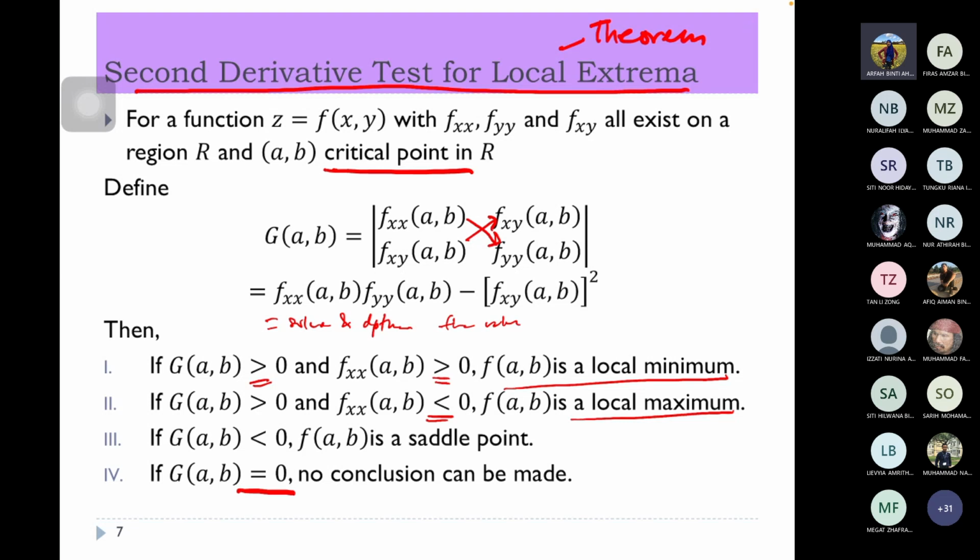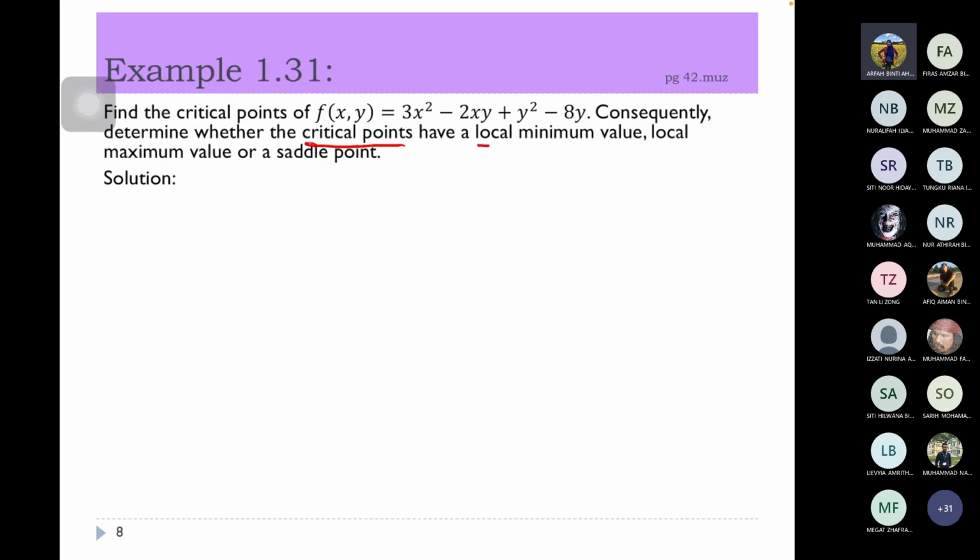So you were given the equation 3x squared minus 2xy plus y squared minus 8y. Consequently, determine whether the critical points have local maximum value, local minimum value or saddle point. So kita akan gunakan all the steps involved to get the critical point. Okay.